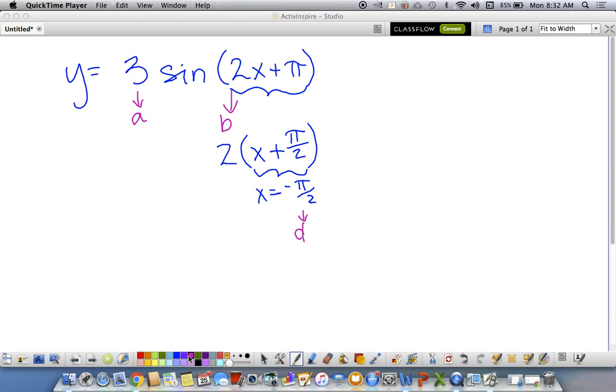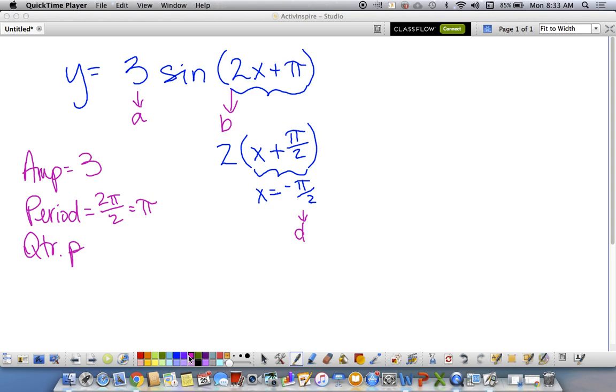So what's this going to look like? I still am going to answer every question. What's your amplitude? What's my period? 2 pi over B. So 2 pi over 2, which is simply what? Simply pi. What's our quarter period? Pi over 4. Do we have a vertical shift? Yes.